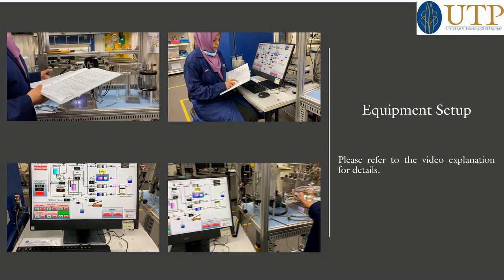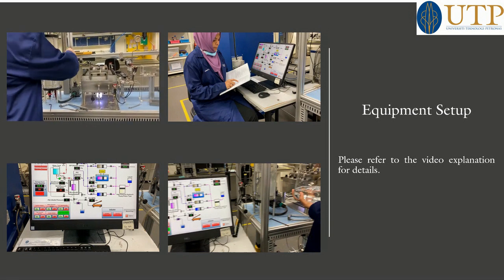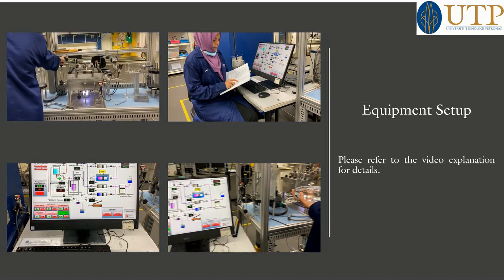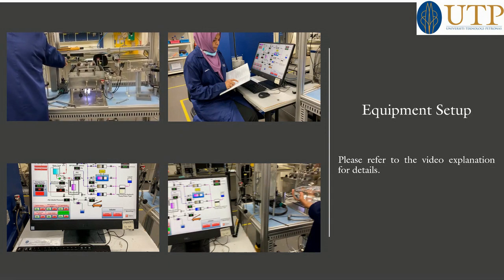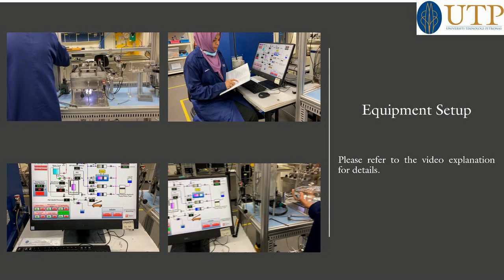The third one is filling up the Micromodel with water. For this one, the first thing is open V5 and V6. This one is V5, and this one is V6. Open V5 and V6.